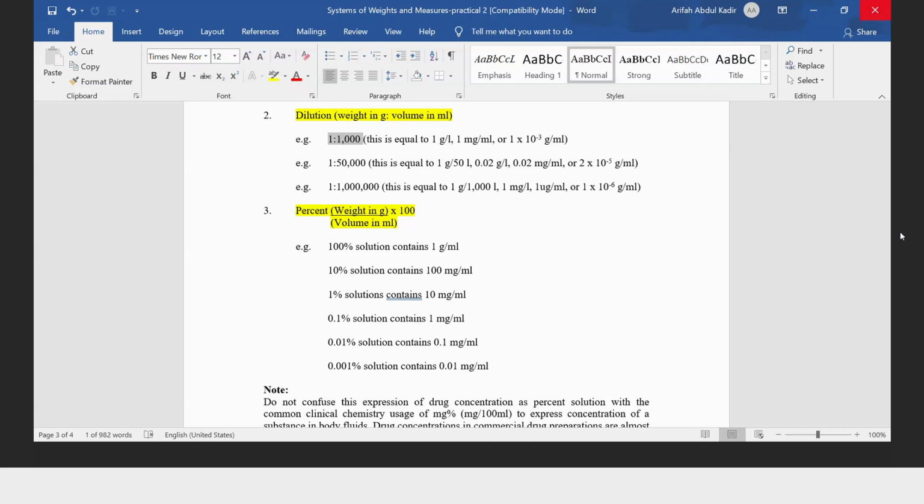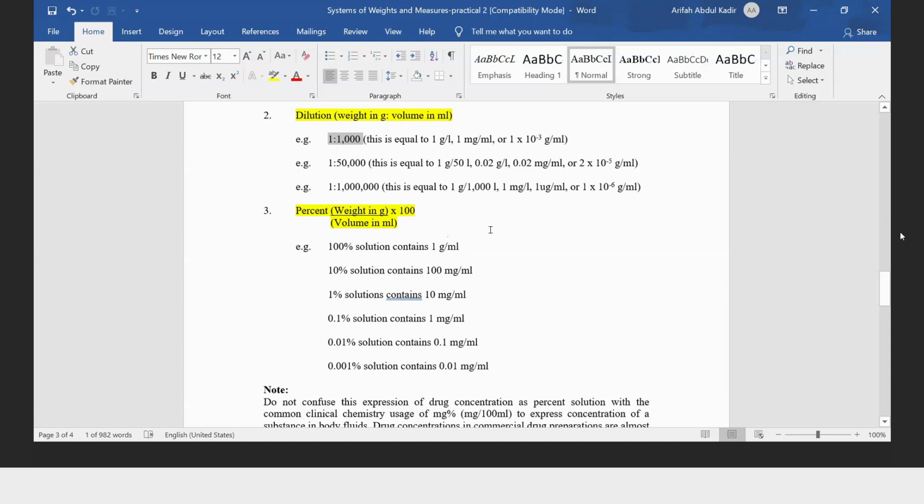So 0.1 gram equals how many milligram? 100. Yes, 1000 milligram for 1 gram, so 0.1 gram equals 100 milligram. So it's just the conversion from gram, milligram, microgram. You need to know how to convert.